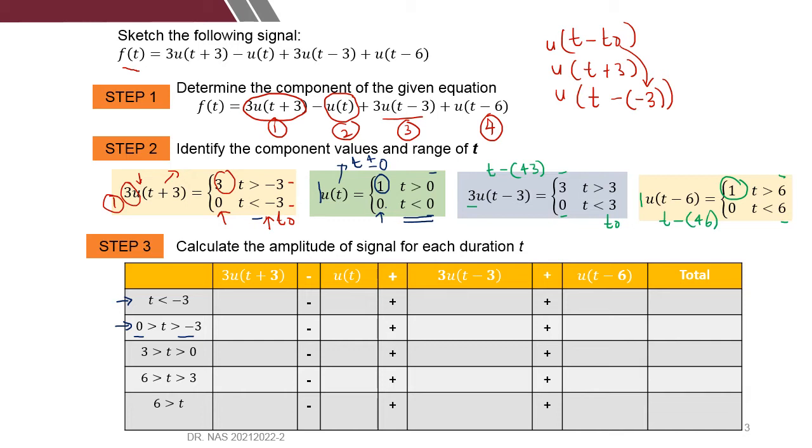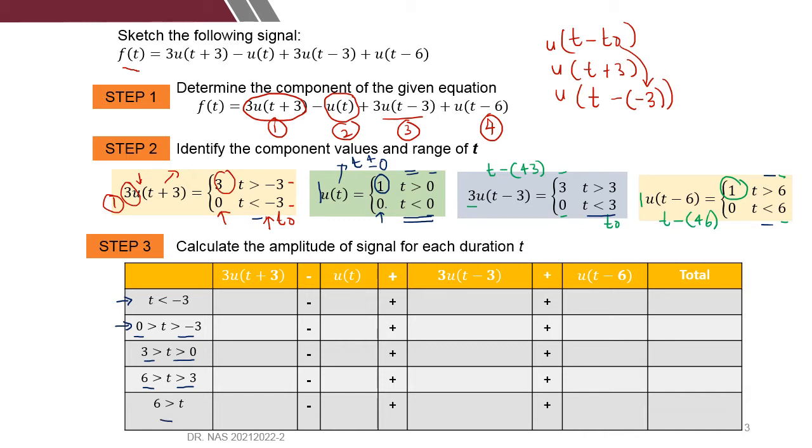Then moving up, t larger than 0 but less than 3. Moving up again, t larger than 3 but less than 6. Now you have reached the maximum, t larger than 6.